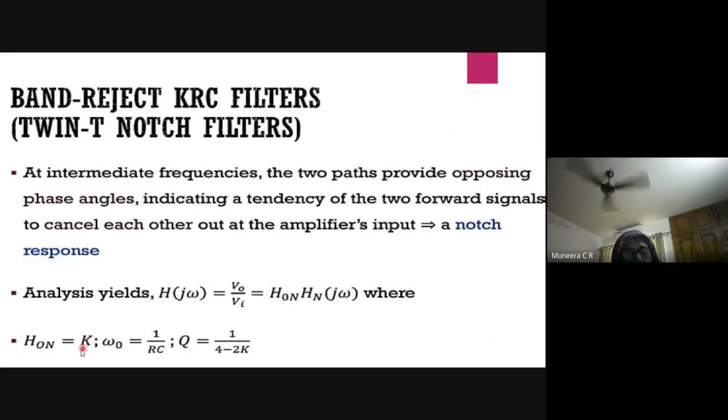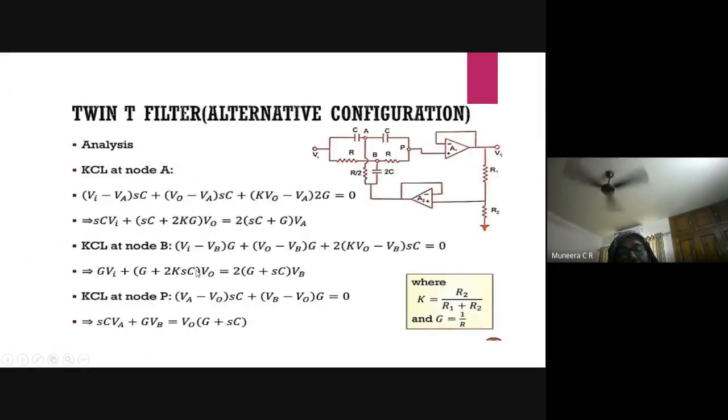So you have the gain K, omega 0 equal to 1 by RC is the center frequency, and Q is equal to 1 by 4 minus 2K. By using this we can design a notch filter. This is another method of notch filter realization. Here a G factor is also there. G is equal to 1 by R, while K is equal to R2 by R1 plus R2.